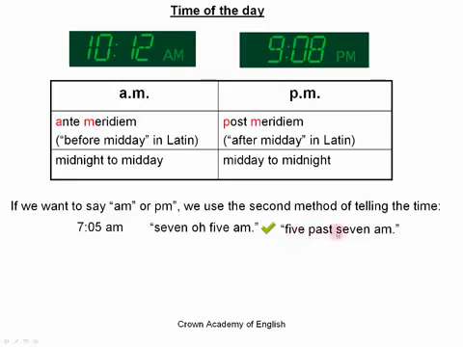We do not say 7:05 because we are saying AM. If we say in the morning, then this is okay. So that is wrong, but we could say it is 7:05 in the morning. That is okay. But 7:05 AM is wrong.